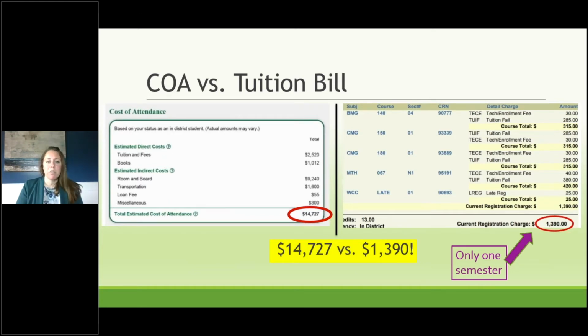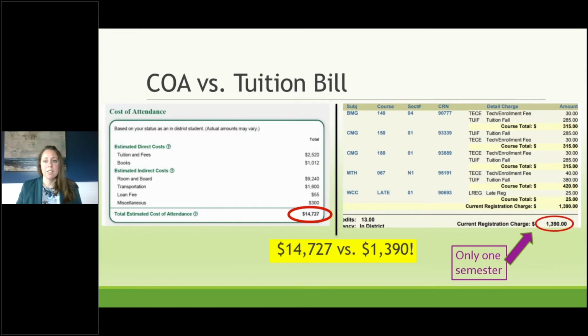Now, just another word of caution here with the cost of attendance versus the tuition bill. It's hard to estimate, and we know that. With that COA, and this is information that came right from WCC, this is part of what our award letter looks like. It's a little snip from our award letter for this 2019-2020 school year. The cost of attendance for WCC this year is $14,727, and that's for an in-district student.